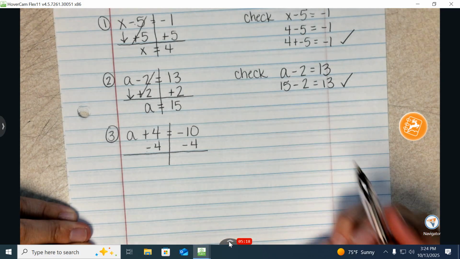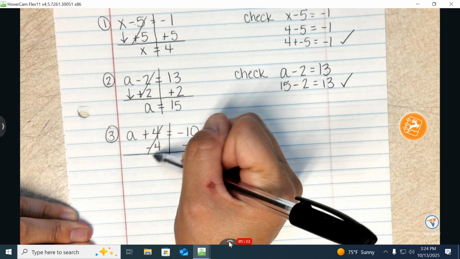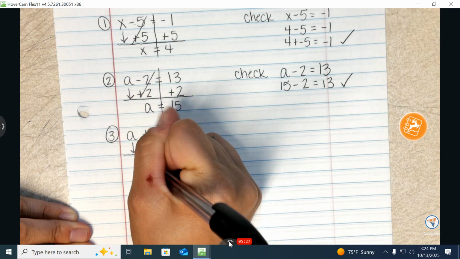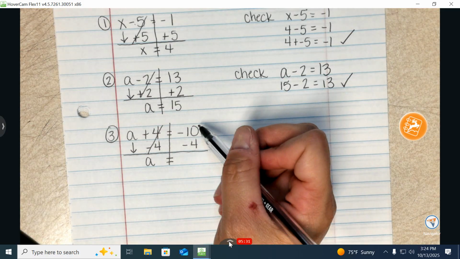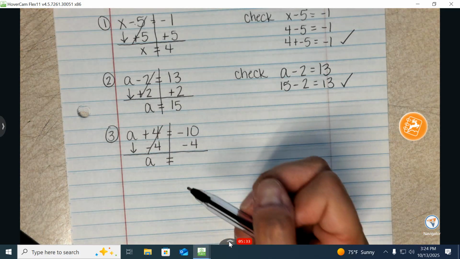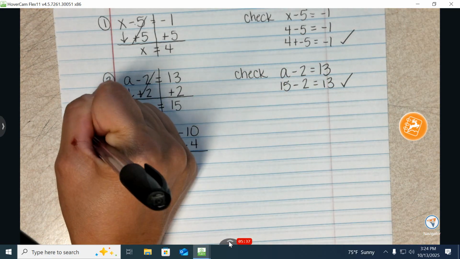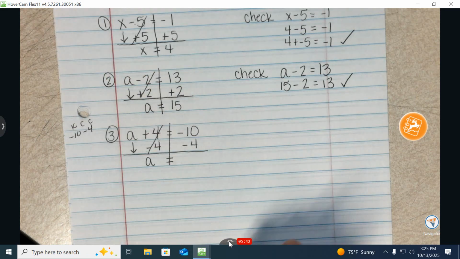Positive 4 minus 4 is 0. Our goal is to cancel that out by doing the inverse operation. You're going to bring down your A. So A equals, then we have negative 10 minus 4. Keep, change.